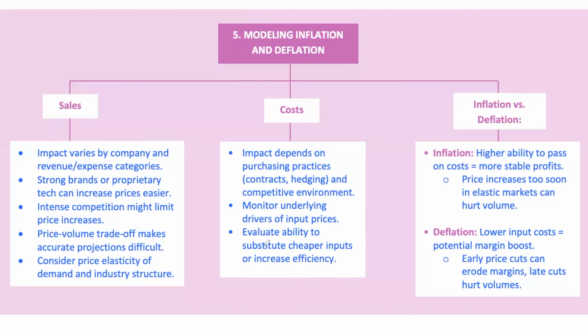As an analyst, you'd want to watch what's driving input prices, like weather for agricultural goods, see if the company can substitute cheaper materials, and gauge how efficient they are at handling cost increases. Understanding these dynamics can help predict how inflation or deflation will affect a company's bottom line.